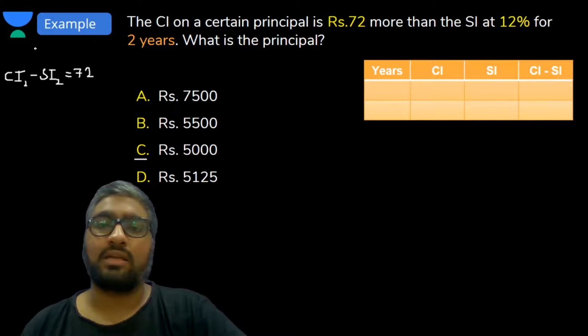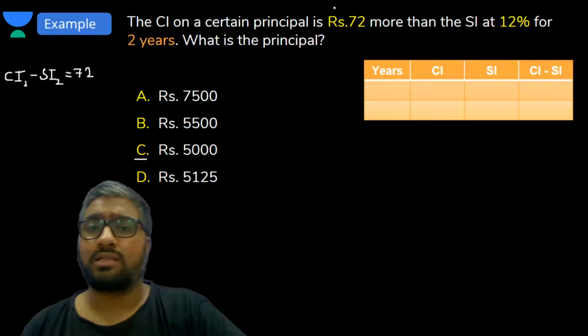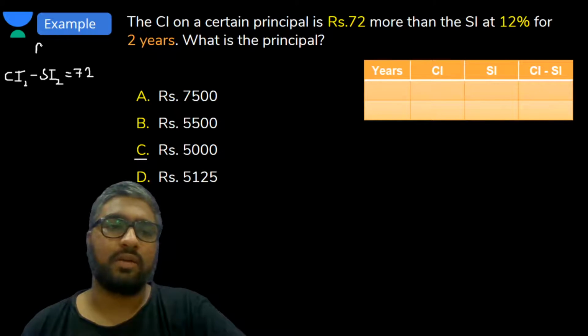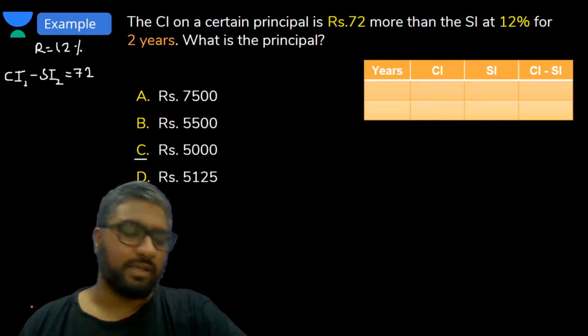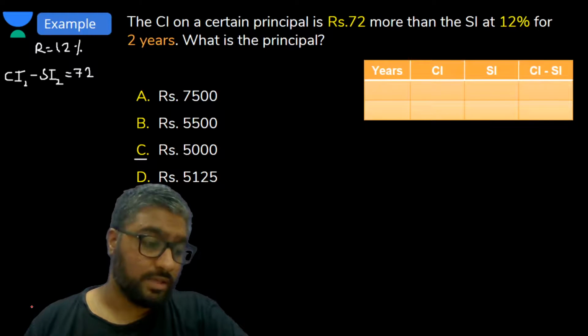We are given the difference and the rate as 12%. Now, if you remember the formula that we spoke about in the previous slide, very good. Otherwise, we can still do this manually, right?